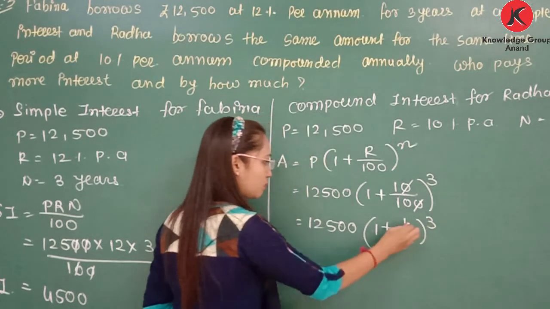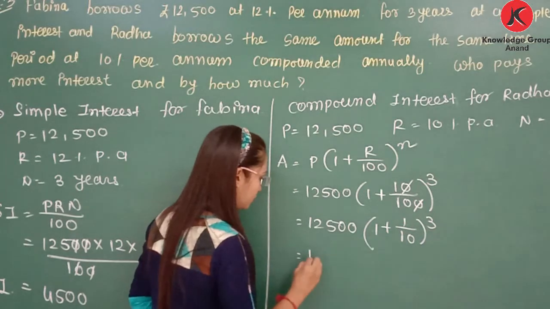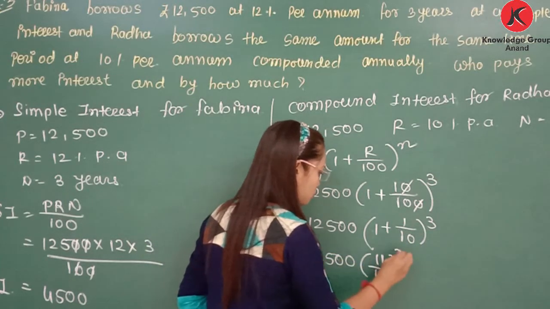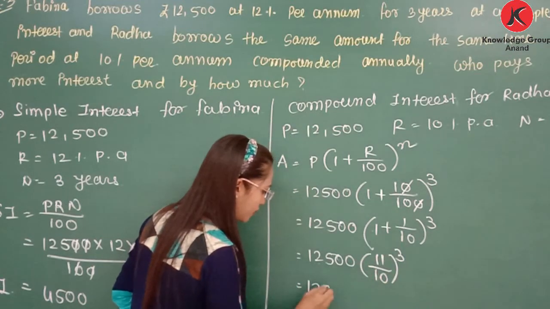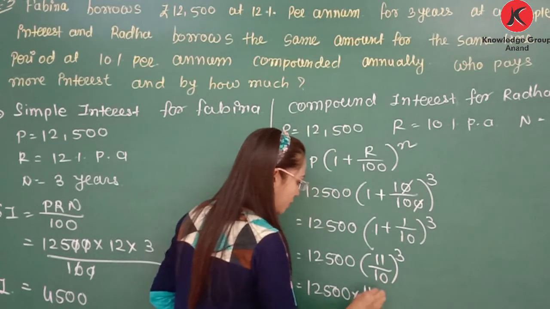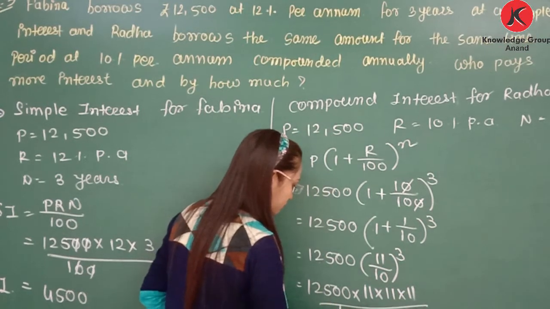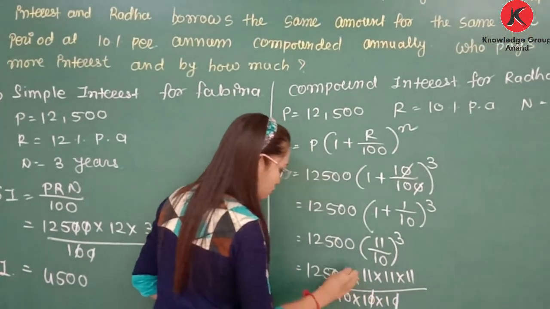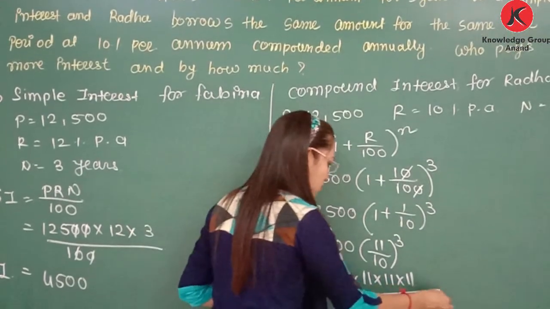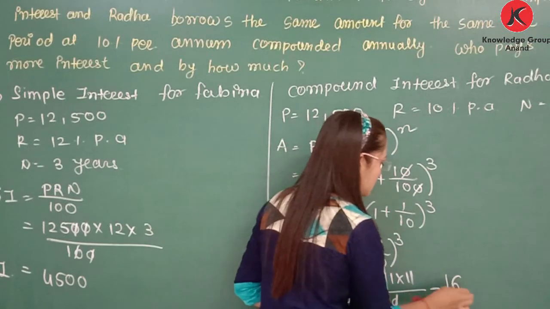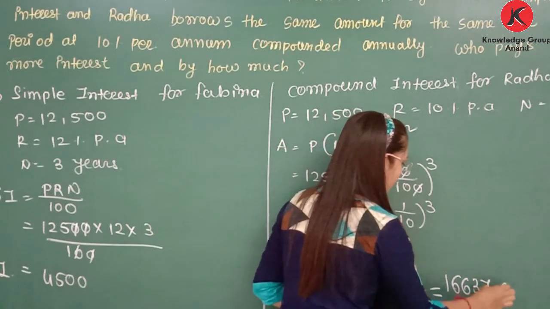So 10 ones are 10 plus 1, that is 11, raised to 3. So we will get 12,500 times 11 three times, divided by 10 three times. Two zeros will be cancelled. Multiply this 11 and 125, and you will get 16,637.5.